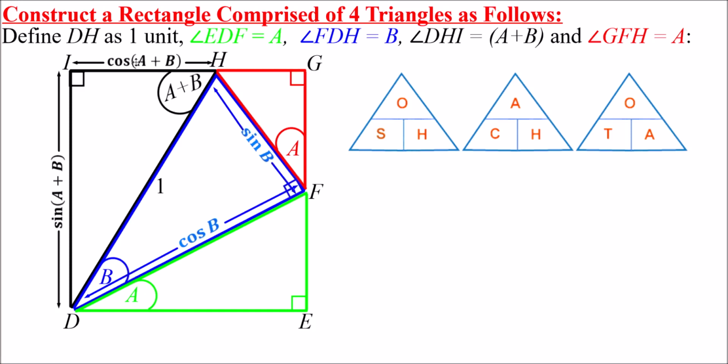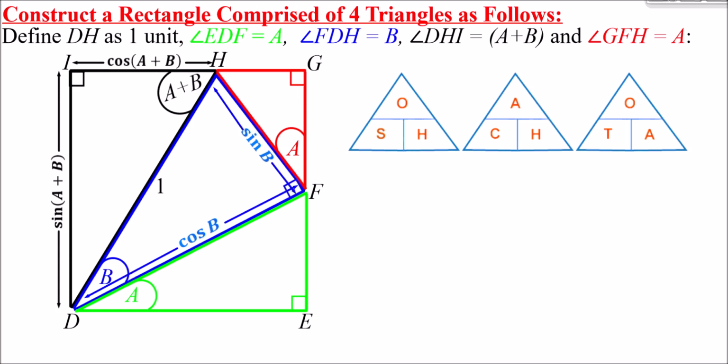Next, let's look at this bottom green triangle as well. So we've got its hypotenuse labelled. Its hypotenuse here is cos B, and in terms of cos B and angle A, we can define sides DE and EF.